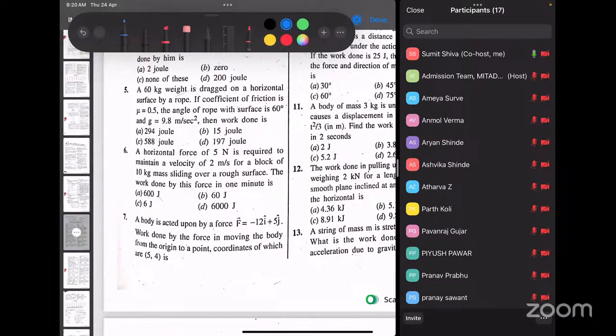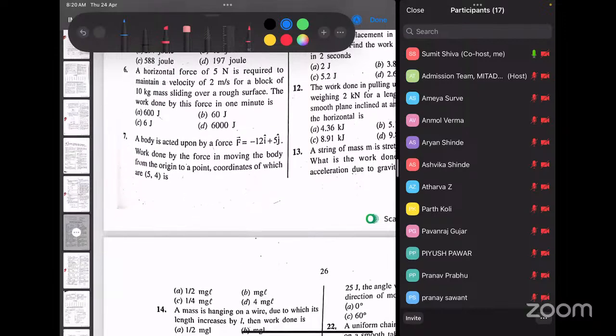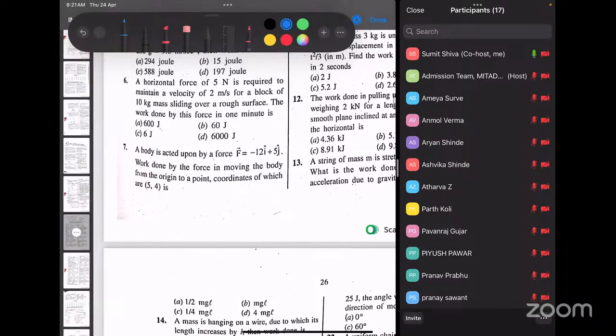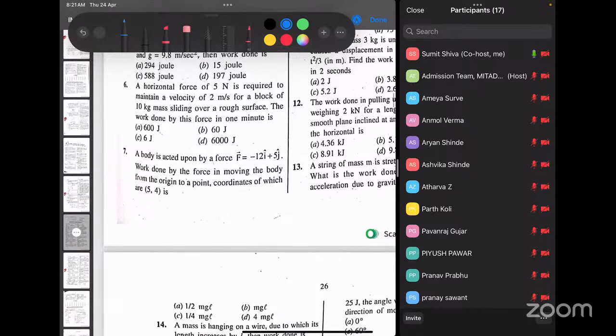Question number 6. A horizontal force of 5 Newton is required to maintain a velocity of 2 meter per second for a block of 10 kg mass sliding over a rough surface. The work done by this force in 1 minute will be?